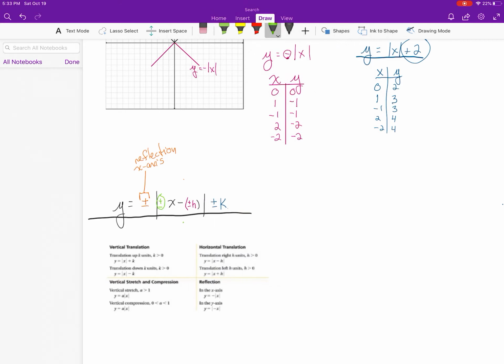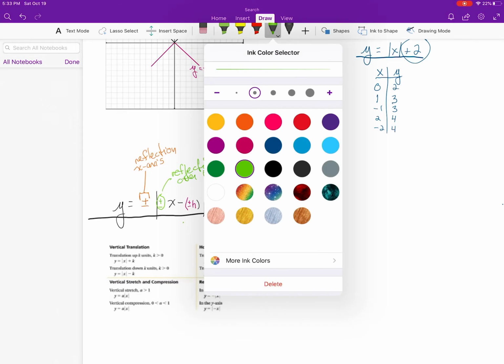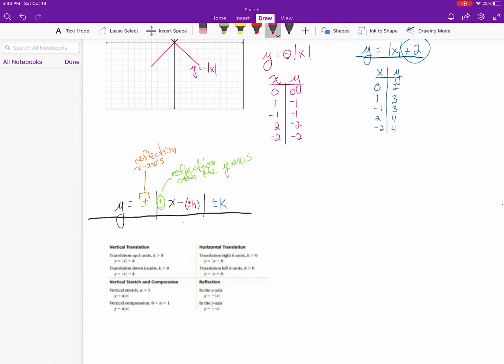This guy right here is going to tell us whether or not there's a reflection over the y-axis.